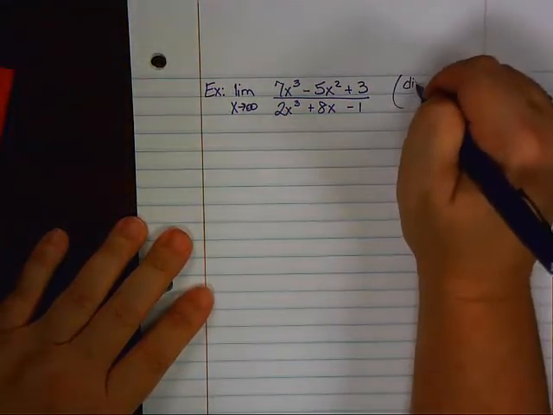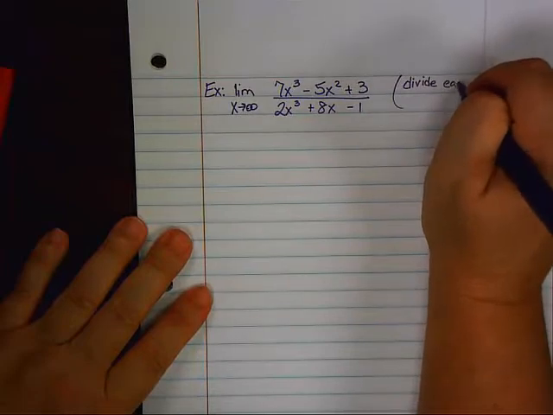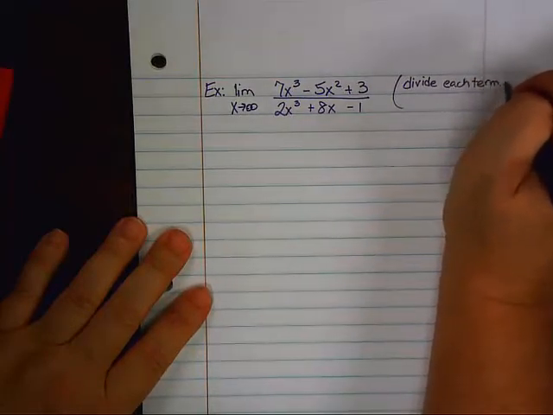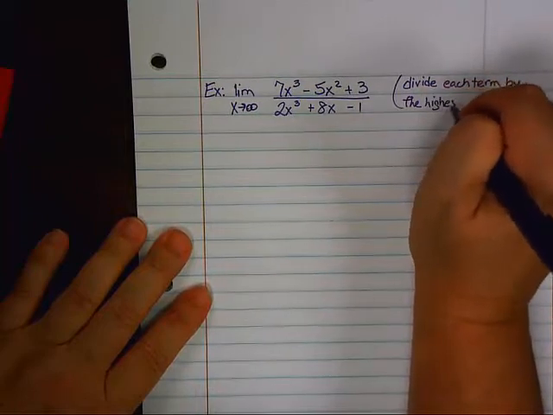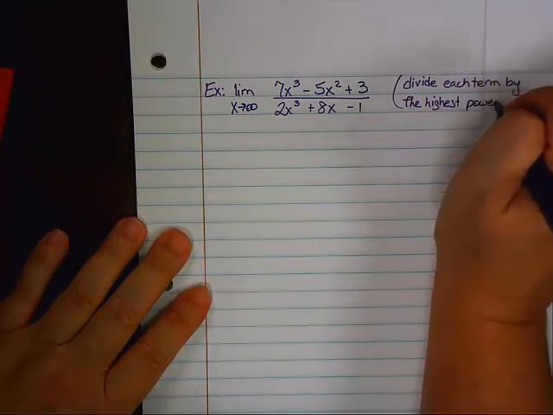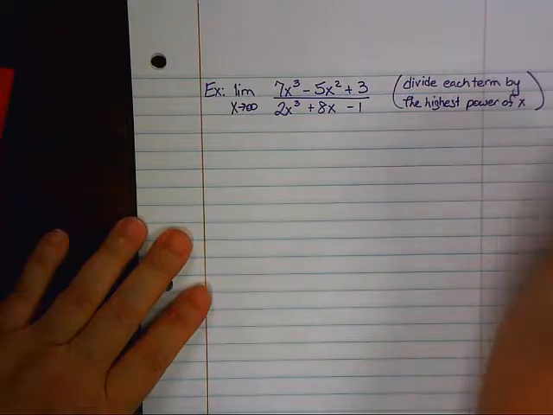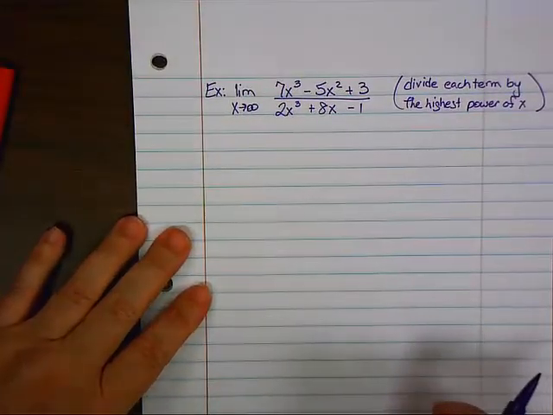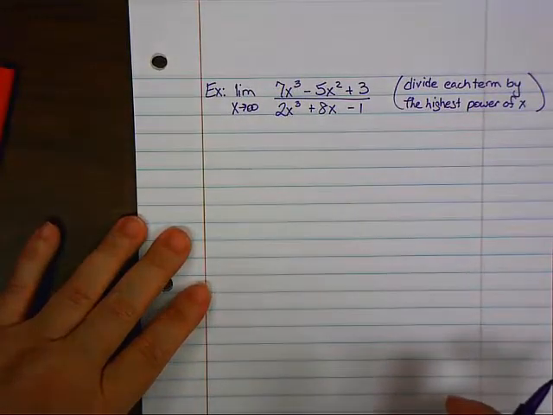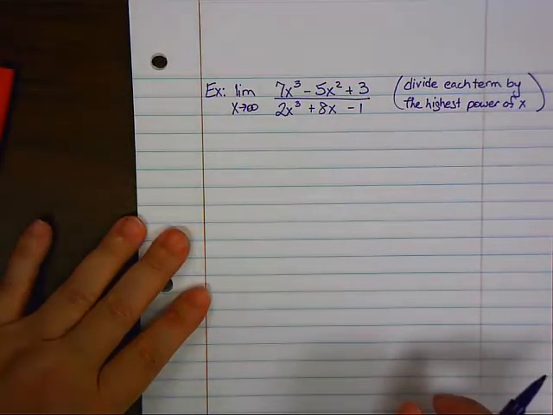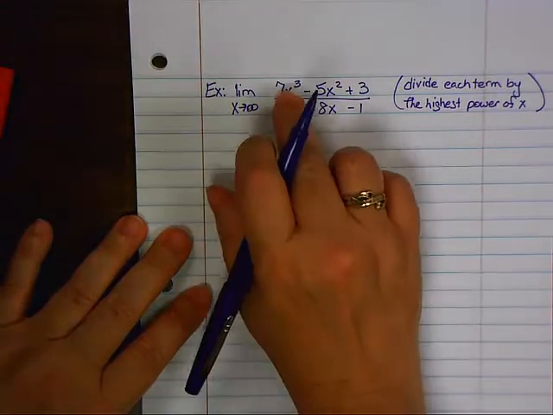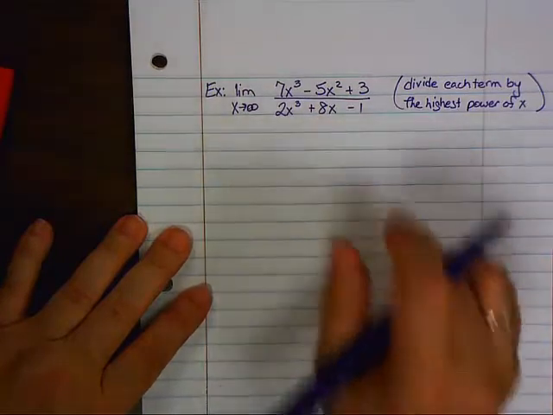You're going to divide each term by the highest power of x. And this is when you're going to positive infinity. You divide each term by the highest power of x. Okay? What is the highest power of x you see? It's 3, right?